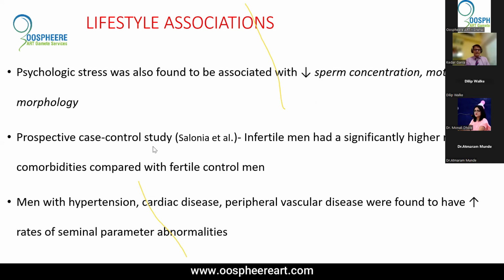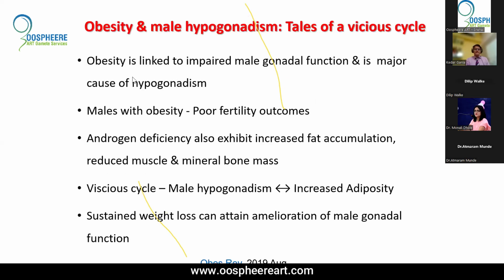A prospective study which we are right now conducting shows that these infertile men have high associated comorbidity like varicose veins, hypertension, diabetes, obesity as compared to fertile controls. Obesity, as we know, will cause suprapubic fat that will cause heat.